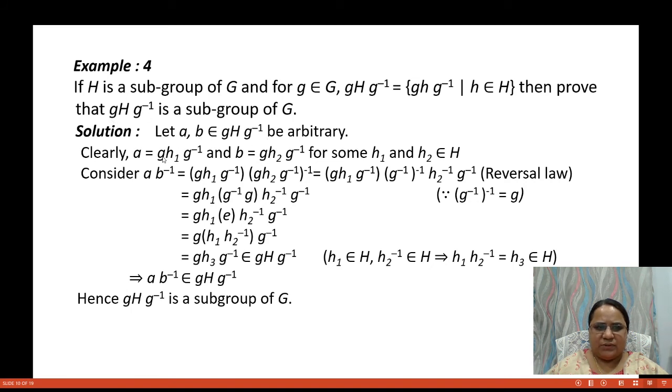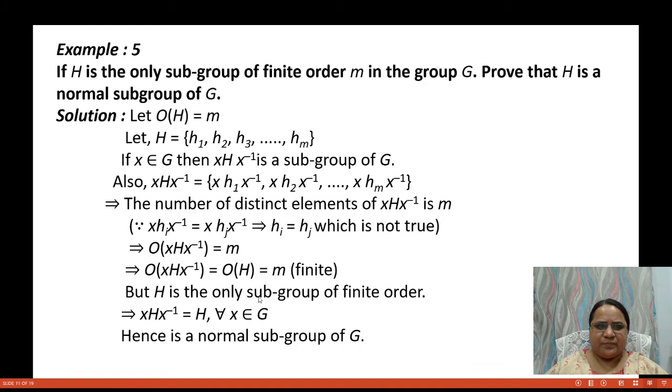Clearly a is equal to gh1g inverse and b is equal to gh2g inverse for some h1, h2 belongs to H, and consider ab inverse. For a subgroup, we need to prove that ab inverse must also belong to gHg inverse. You have to do some rearrangement here, use the reversal law and all. Then you arrive at this result, hence gHg inverse is a subgroup of G.